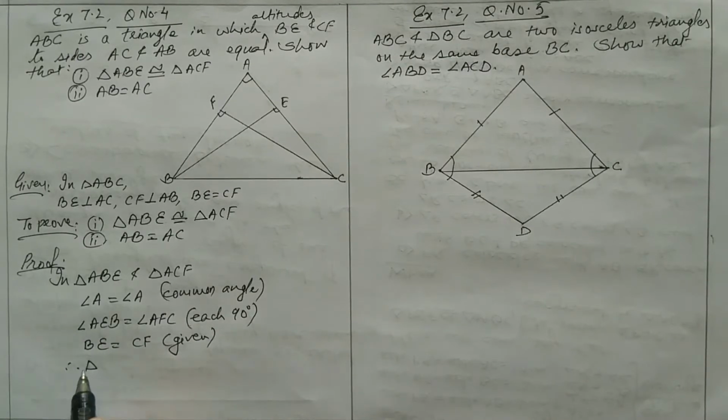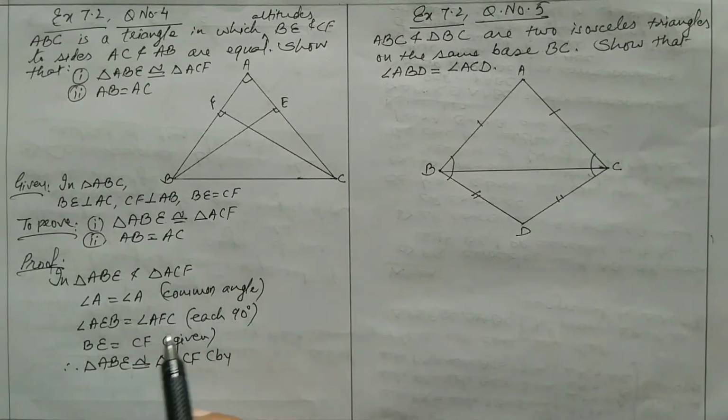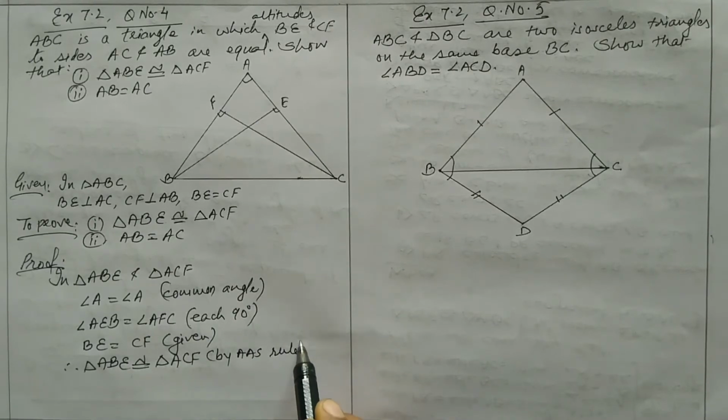Therefore, triangle ABE is congruent to triangle ACF by which rule? Angle side congruence rule. Therefore, triangles are congruent, so remaining parts are congruent.